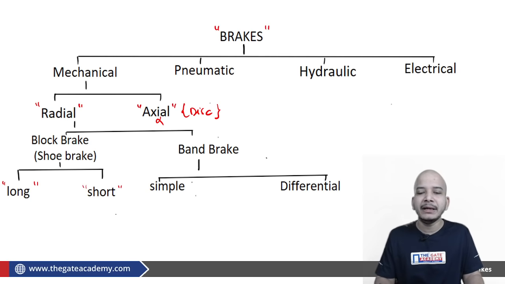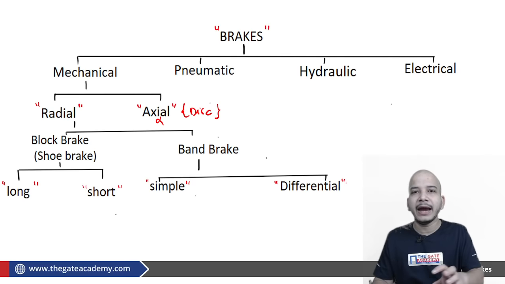And band brake depending upon the position of end of the bands, where the end of band is meeting the lever. Depending upon that, the band brake is also classified into two.